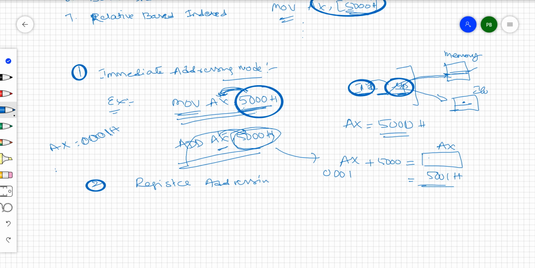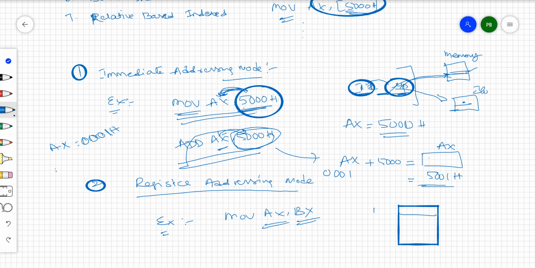Register addressing mode, if you look at the example, is MOV AX, BX. What is the source here? BX. What is the destination here? AX. The source is a register only. These two are internal registers of the processor.